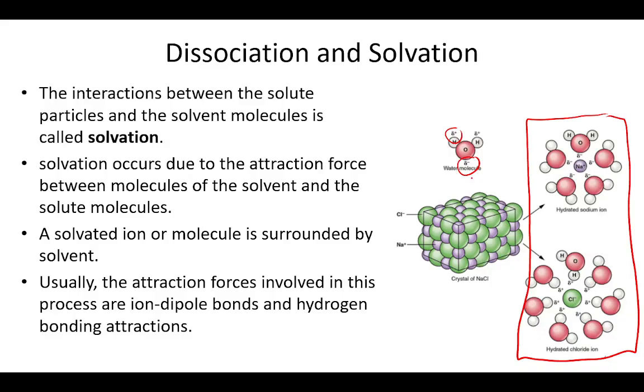So the positive part of the water is going to attract to the negative ion, that would be the chlorine, and the negative part of the water is going to attract to the positive ion. That is solvation. Solvation is when the solvent molecules actually surround the solute, and there are some attractions formed due to our intermolecular forces.